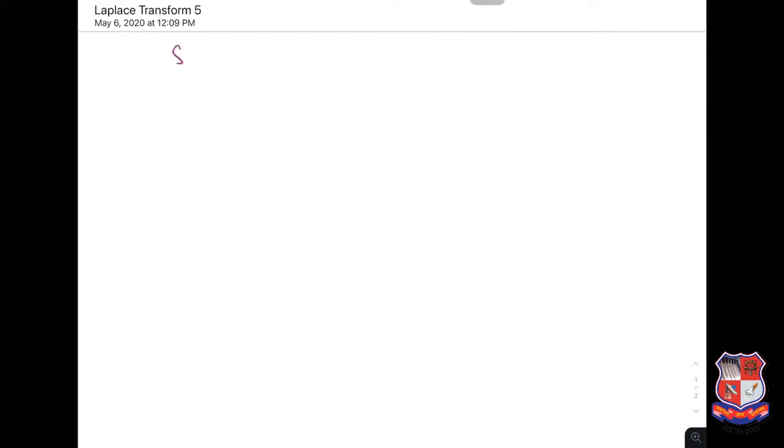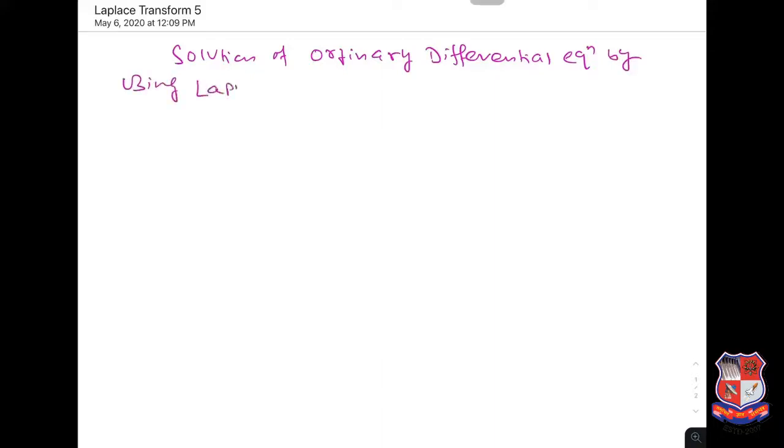So, this is the solution of ordinary differential equation by using Laplace transformation. In exam, one example of 7 marks will definitely be asked.